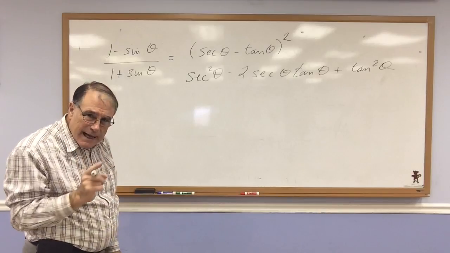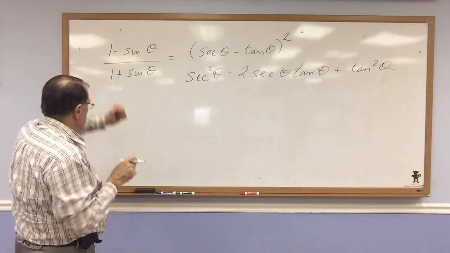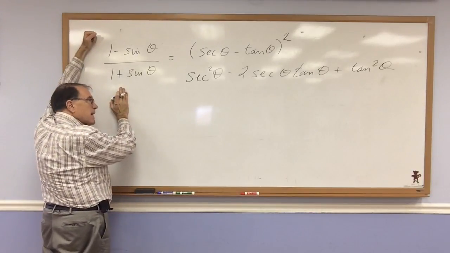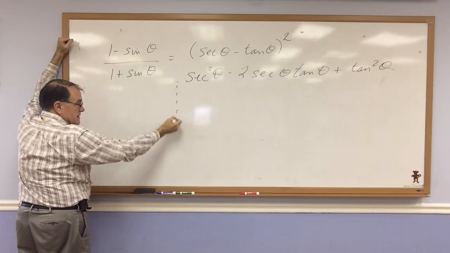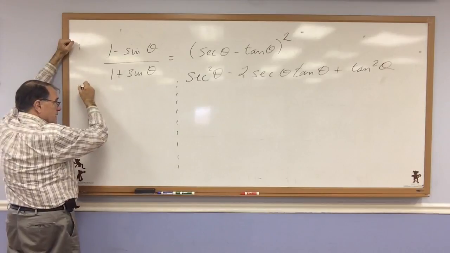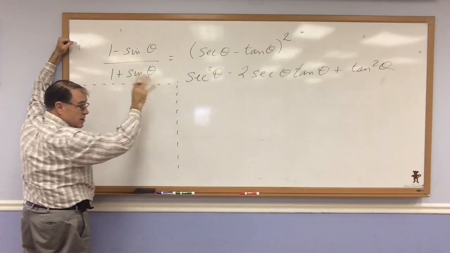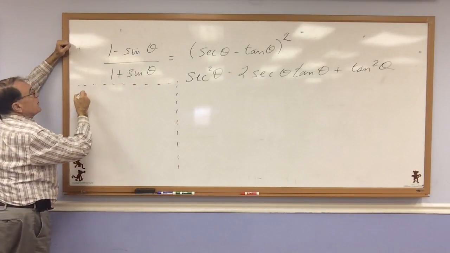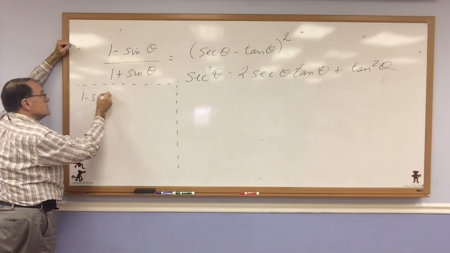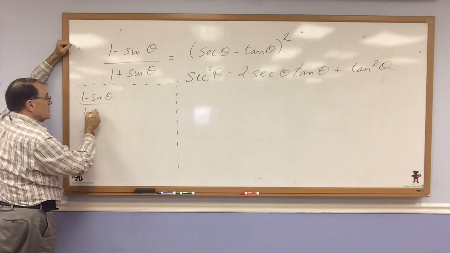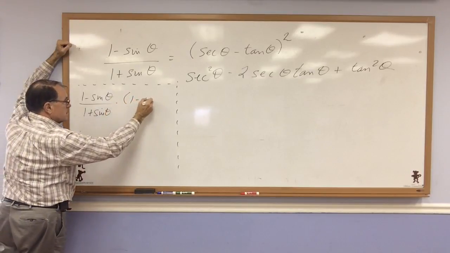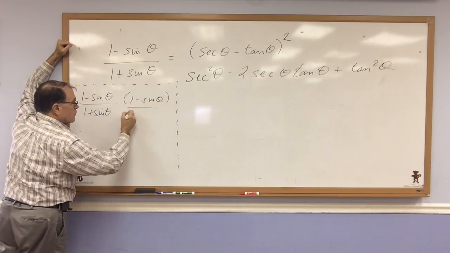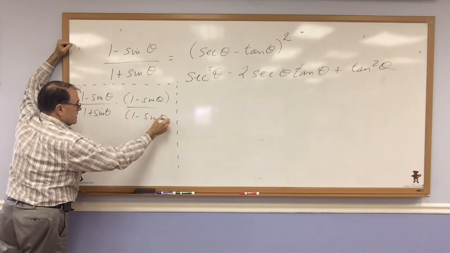Alrighty, let's multiply this fraction by the conjugate of this denominator. Now again, this is kind of cheating, and this is not the proof, this is just to help me out. So I'm going to take 1 minus sine theta over 1 plus sine theta and multiply by 1 minus sine theta over 1 minus sine theta.